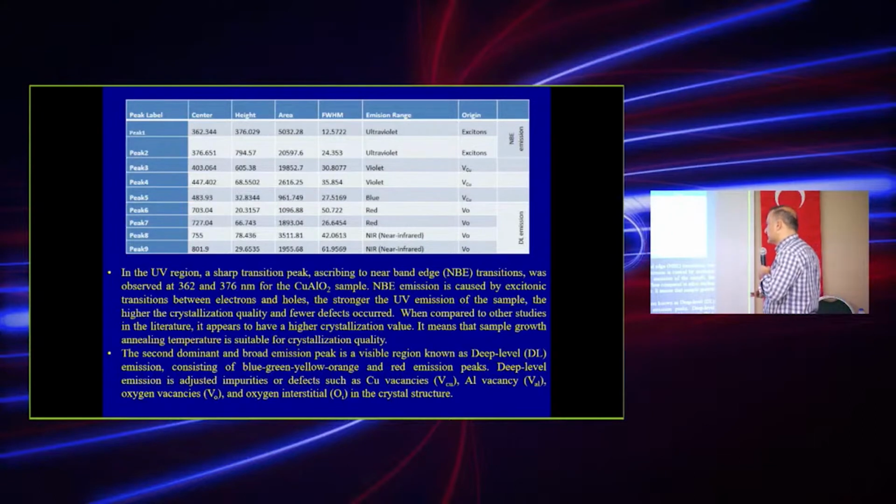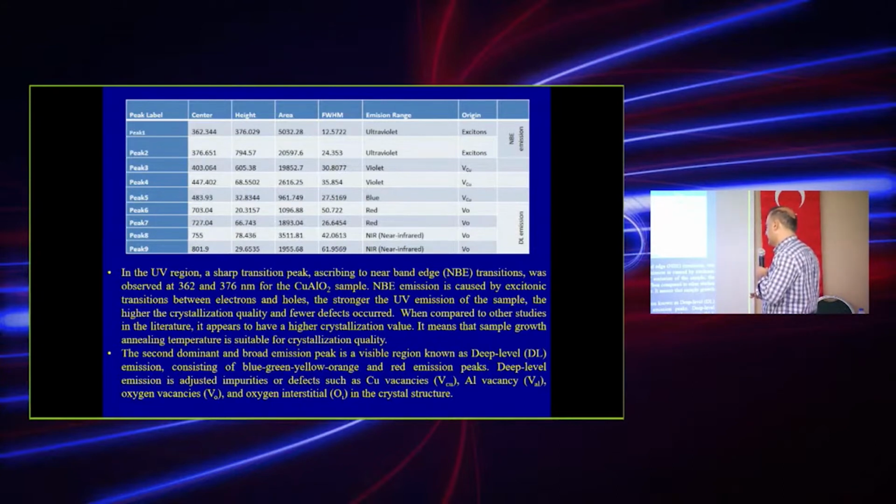The near band edge emission is caused by excitonic transition between electrons and holes. The stronger the UV emission of the sample, the higher the crystallization quality and the fewer defects occur. When compared to other studies in the literature, it appears to have a higher crystallization value. It means that the sample growth annealing temperature is suitable for crystallization quality.